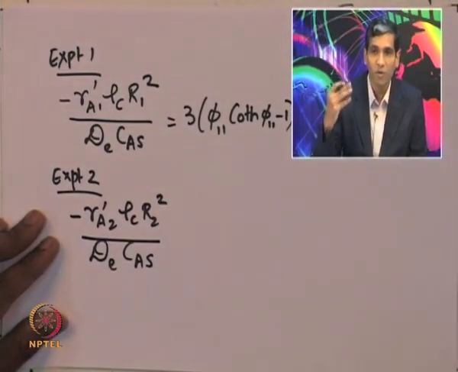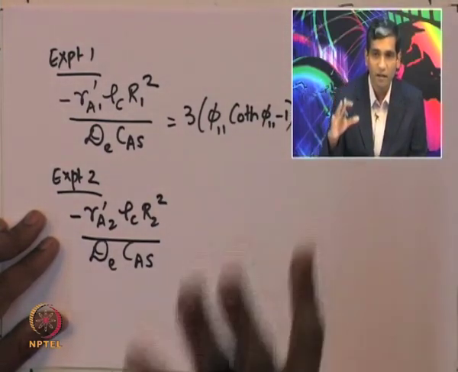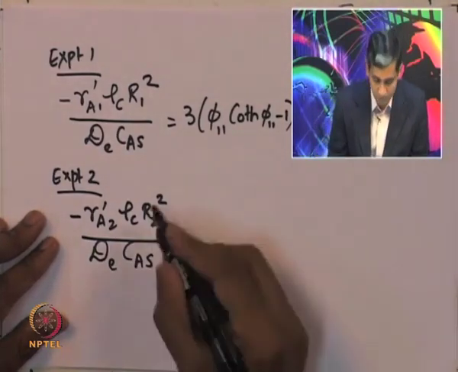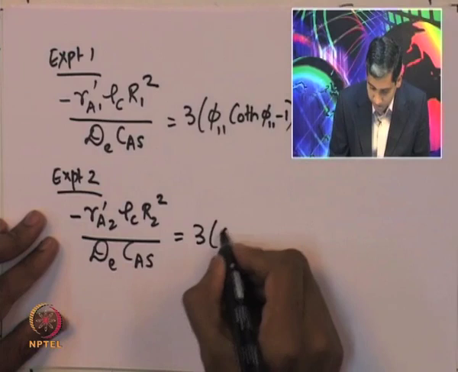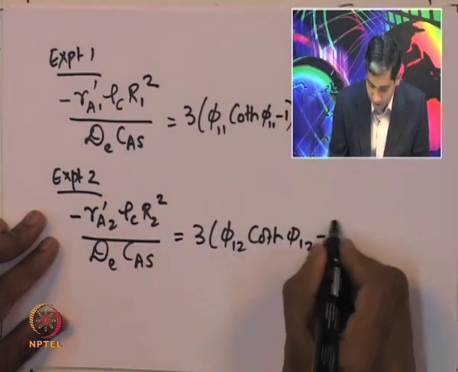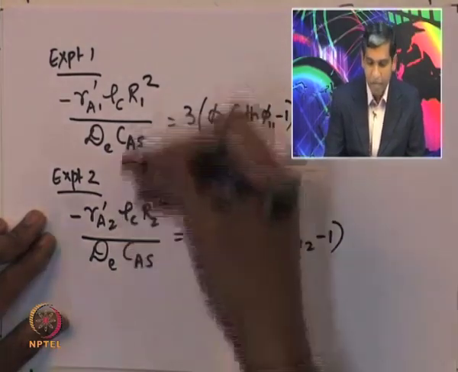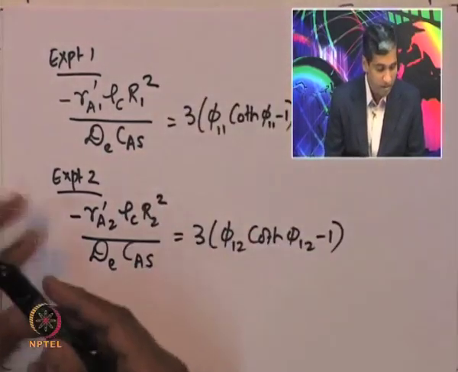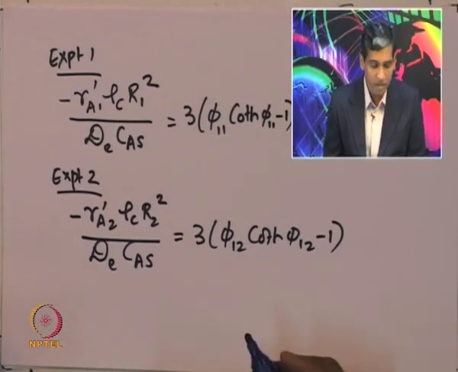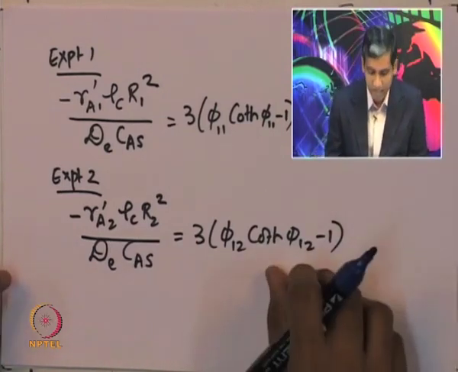Therefore, the concentration of the species at the surface is the same for both R 1 and R 2. So, that is equal to 3 times phi 1 2 coth phi 1 2 minus 1. Now, taking the ratio of these two expressions, we can find a relationship between the observed reaction rates for both runs and the corresponding Thiele modulus.